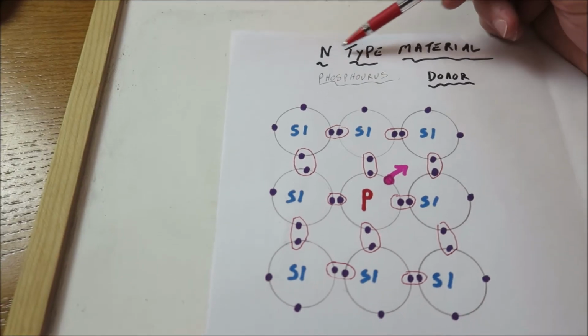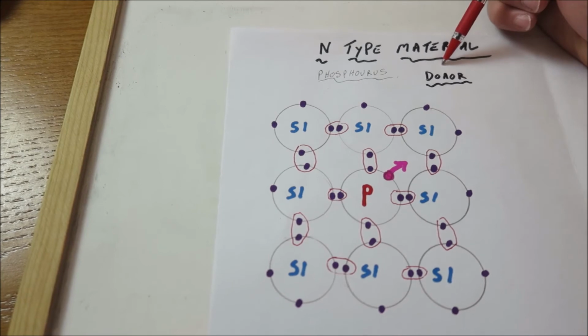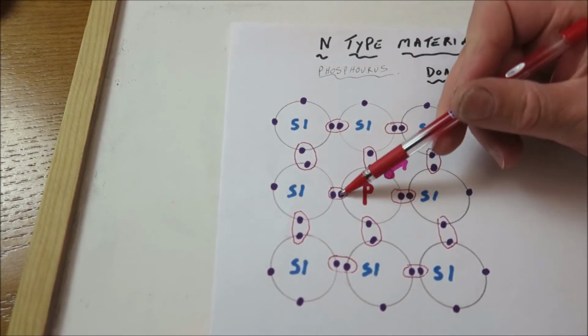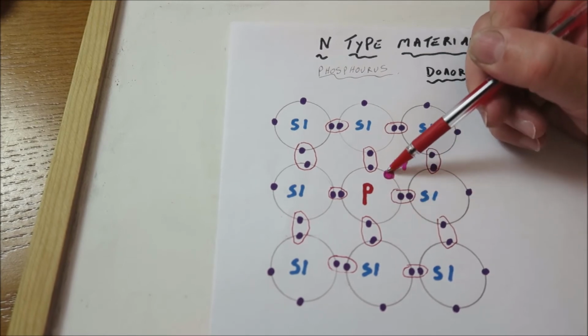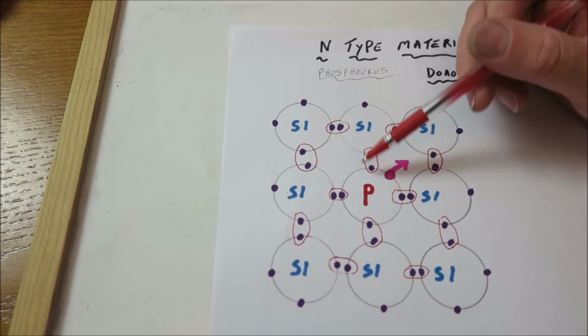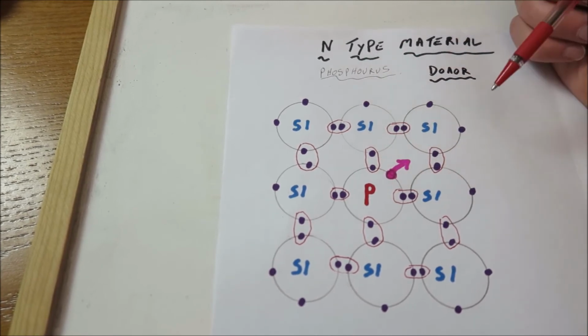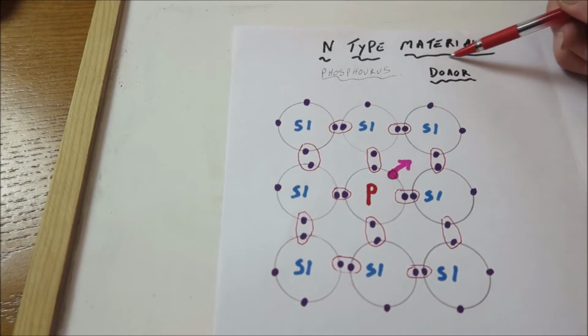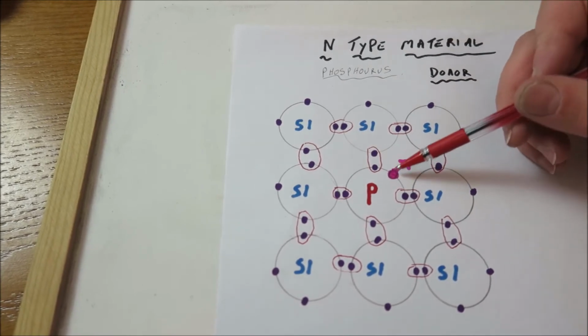If we first of all look at an N-type material, as we said, it is pentavalent. You can see here 1, 2, 3, 4, 5. So we're looking at phosphorus in this case. Phosphorus is a pentavalent material and it's used as a doping material. It's a donor material because it's got an excess electron.